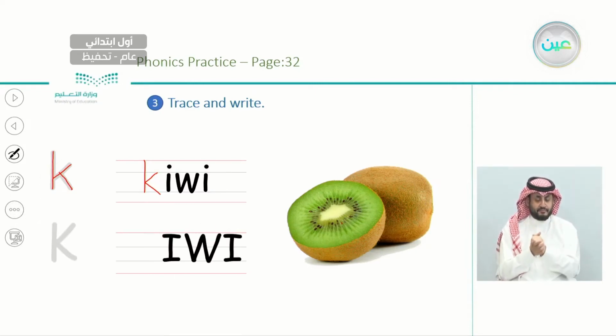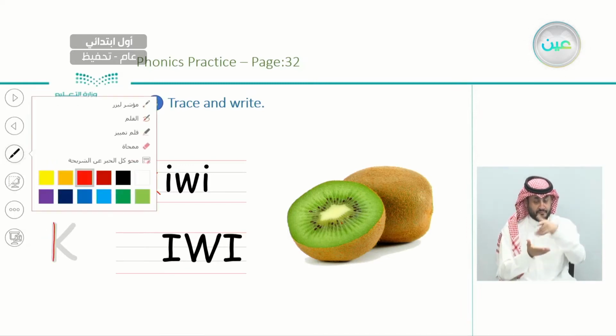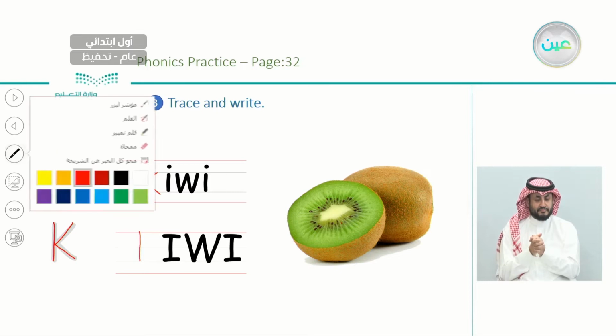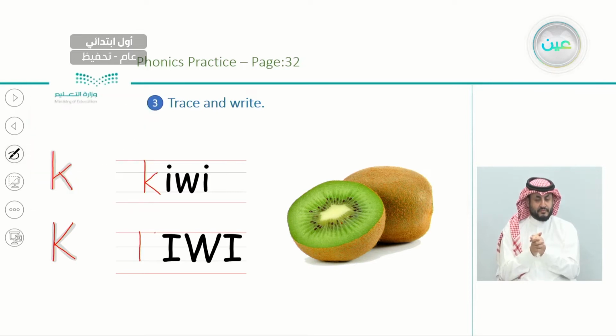Again, but now in capital form. Start from the top down, and after that we have 2 long lines like this. Again, start from number 1 to 3 like this, and line number 1 to 2, and again to number 3. So this is K in capital.